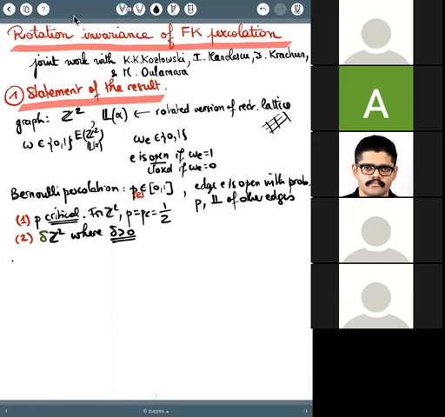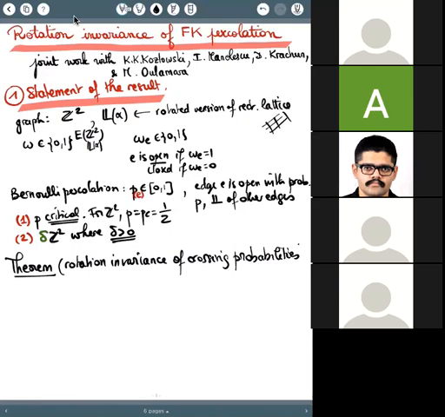So let me now state the theorem that I already stated last week, which is the rotation invariance of crossing probabilities. So what is it? You fix epsilon positive.